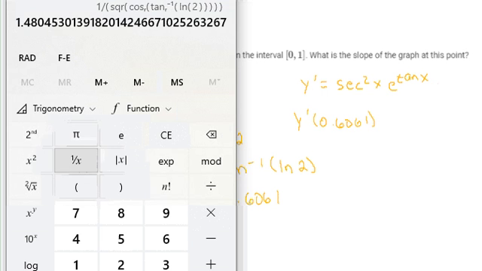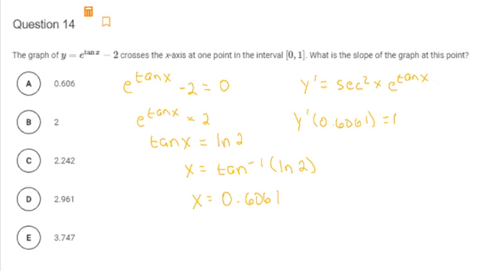So 1.48045. Let's write that down and keep that in mind.